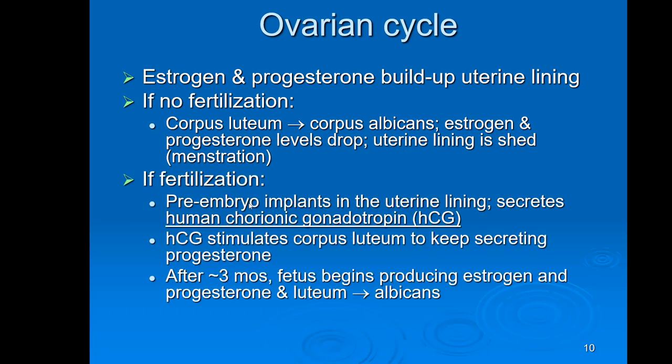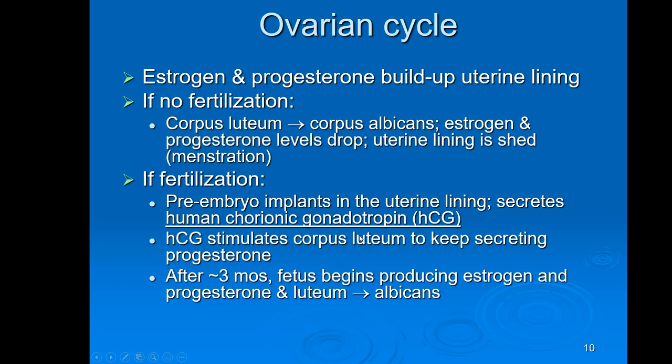If fertilization takes place, on the other hand, it gets completely different. We'll talk about this coming up, but fertilization normally takes place in the fallopian tubes, those tubes that connect the ovary to the uterus. After fertilization, the zygote goes to the uterus. That's what we're talking about, this pre-embryo. This pre-embryo is going to implant into the lining of the uterus and start secreting a hormone called human chorionic gonadotropin, or HCG.